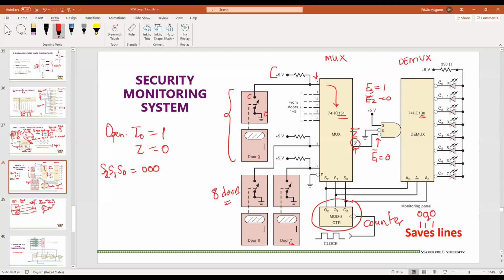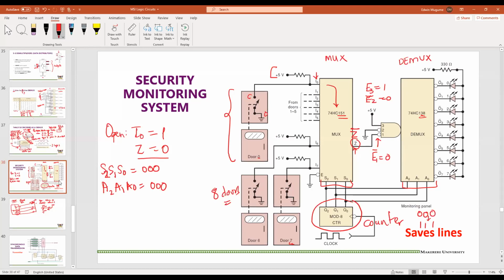Equally, this is working in the same way. You can see that what is at S2, S1, and S0 is similar to what is at A2, A1, A0. That means that A2, A1, A0 will also be 000 in that moment. The moment when the mux is looking at 000 is also the time that the demultiplexer is looking at 000.